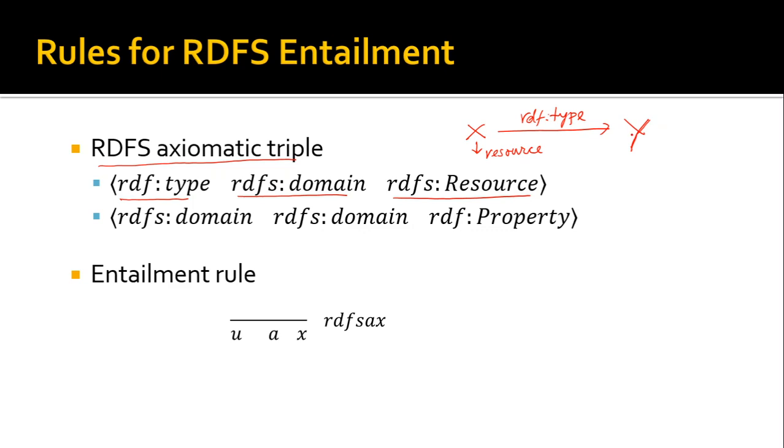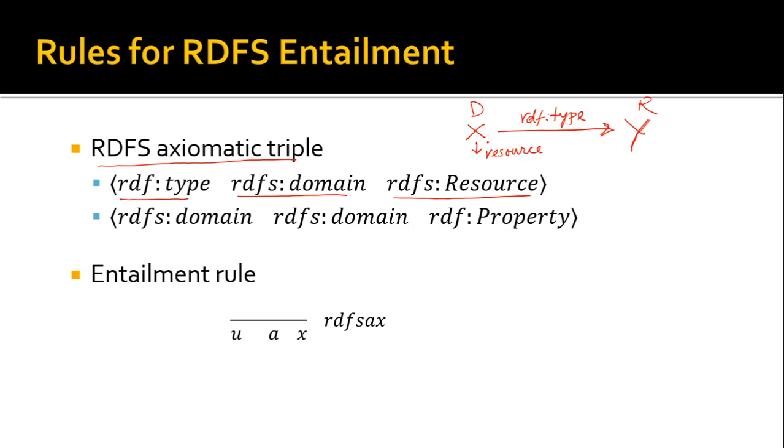This is what we mean by RDF typing of a resource. Now, since RDF type is a property, it will have a domain and a range, and whatever you see in the subject place belongs to the domain part of it, and whatever you see in the object place belongs to the range part of the property, right?